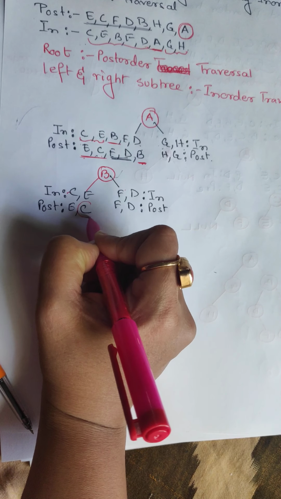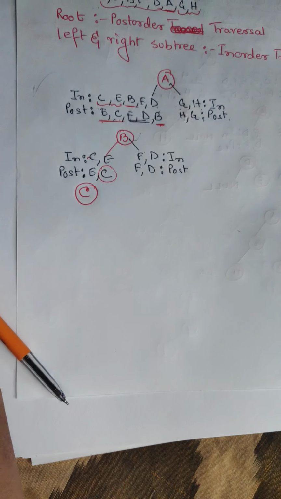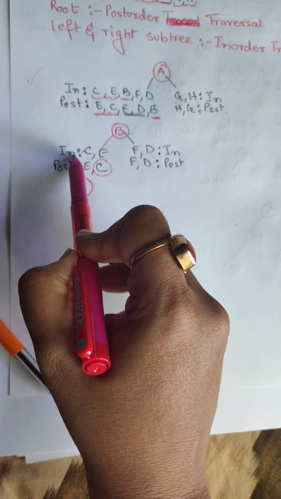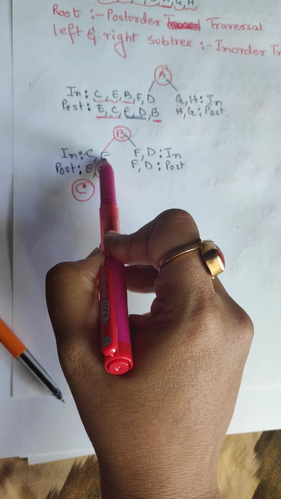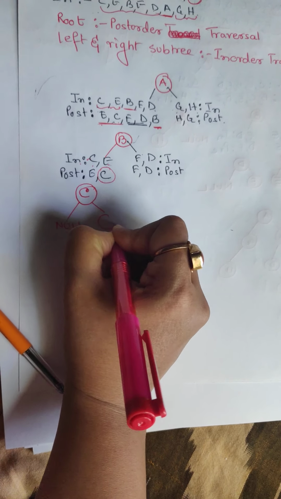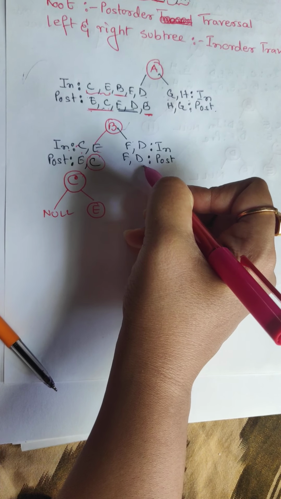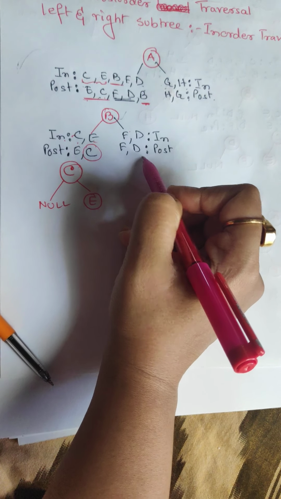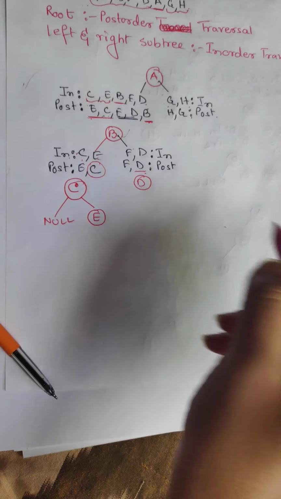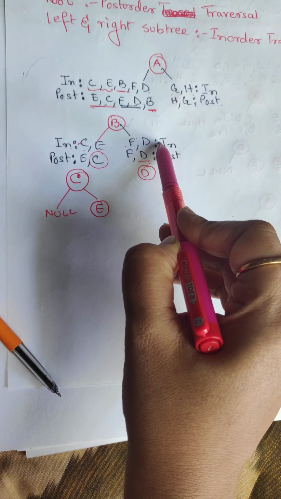The last node is C. So therefore C is the root node of the left child of B. Now looking at the in-order traversal, the left side of C is empty and the right side of C has an E. So the left child of C is null and the right child of C is E. Again, the last node in the post order traversal of the right subtree of B is D. So D is the root node of the right child of B. From the in-order traversal, we see that on the left hand side there is an F and on the right hand side it is empty.